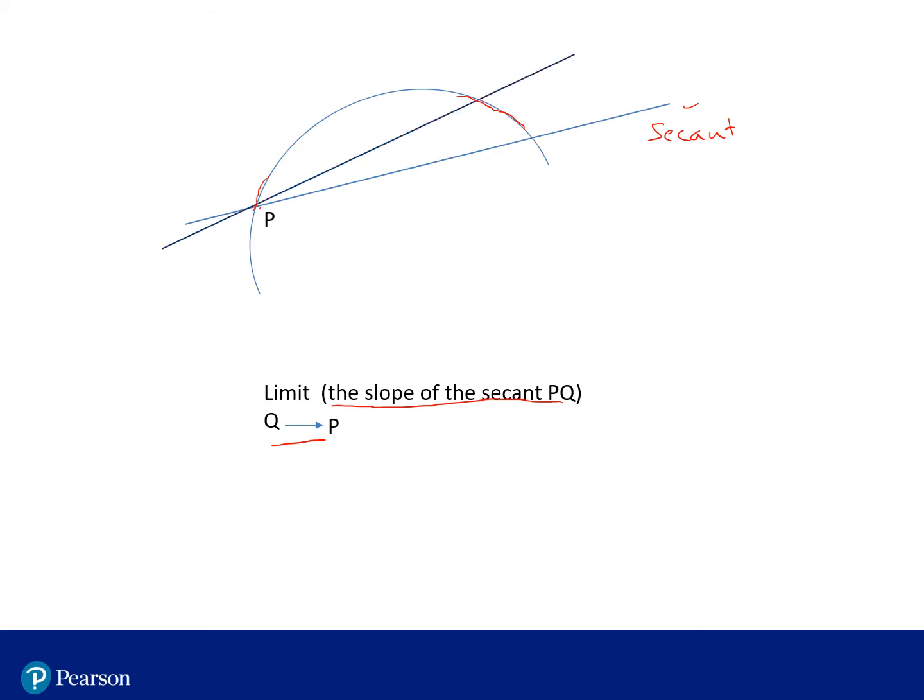So here is the first move. Now assume that the secant moves to this point, then Q will be right here, and then second move, Q will move. Every time we move the secant, Q will be moving. Let's move the secant more. Q moves to this point, and then finally we move the secant, and Q moves to this.